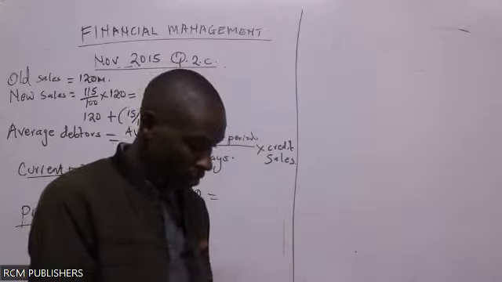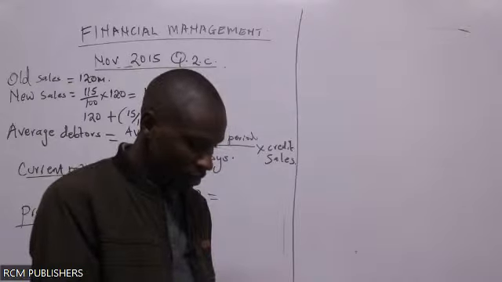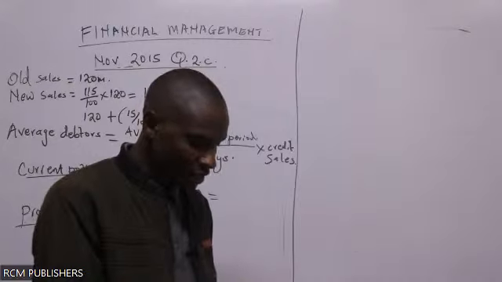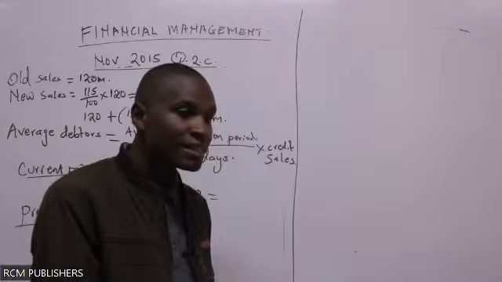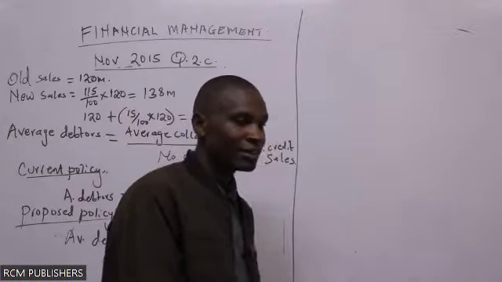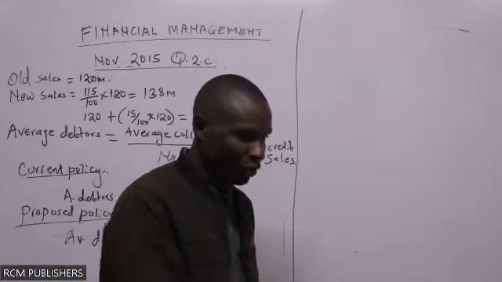Kwani unapata wapi? Ama 60. Unatumia gani? Is it 60? The management intends to increase the credit period to net 60 days. Unajua, we said that kuna vile inamaanisha net 60 days, but correction period naona kama ni 75.